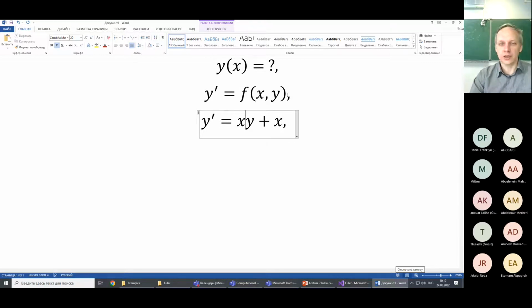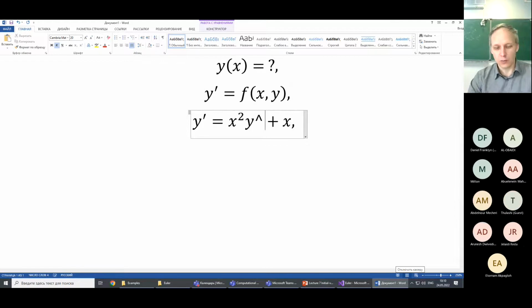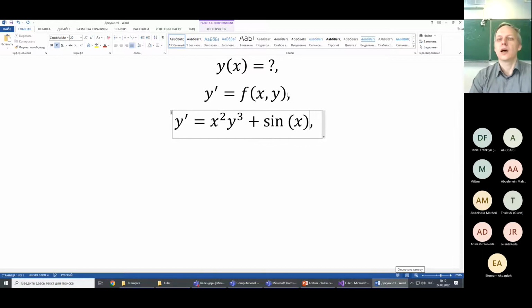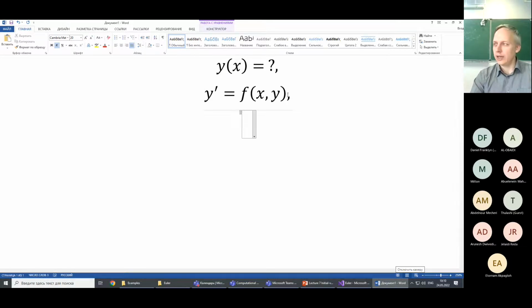Any function that depends on x and y, for example, x squared plus y to the power 3. f of x, y can be any function that depends on x and y. But we know this function. We know f of x, y.